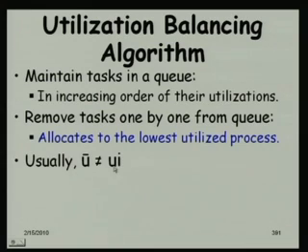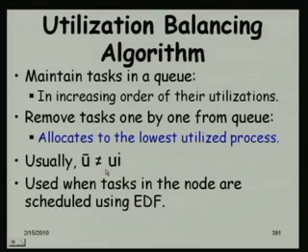And here the node utilizations are not really perfectly balanced because of the allocation. It is likely that if the last task has a very high utilization, let us say 0.5, then definitely if it goes to some node, it will change the utilization to very high values, is it not? So, this algorithm is used when the nodes individually are scheduled using EDF.